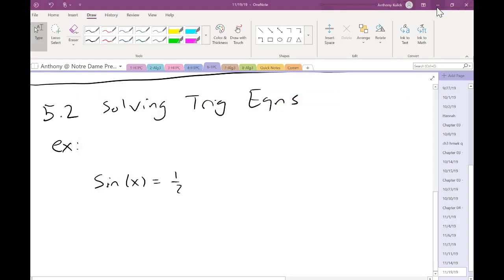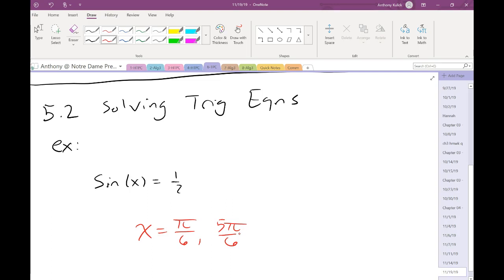So we could write down here then x is equal to pi over 6 and 5 pi over 6. We okay there? Are these the only answers?